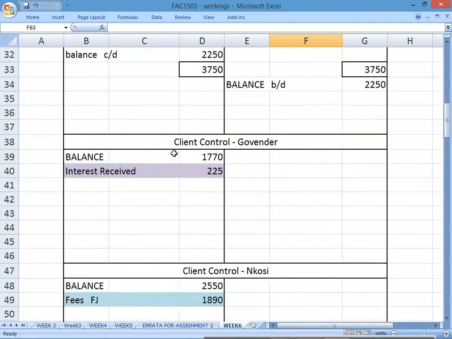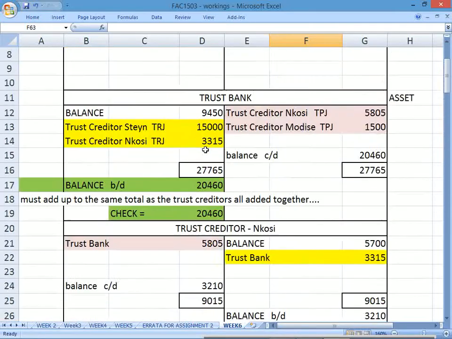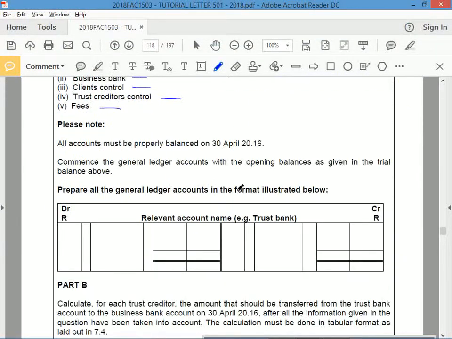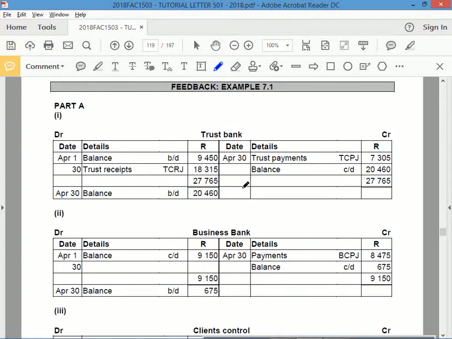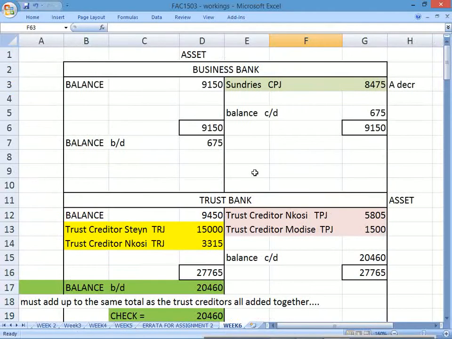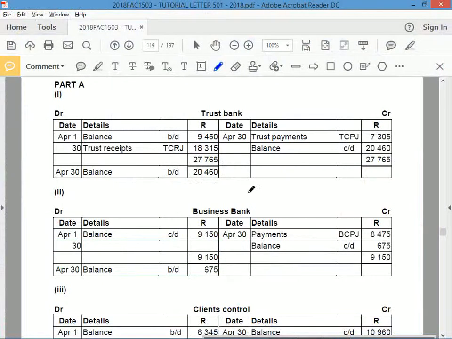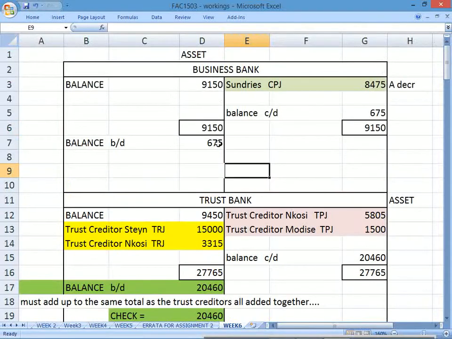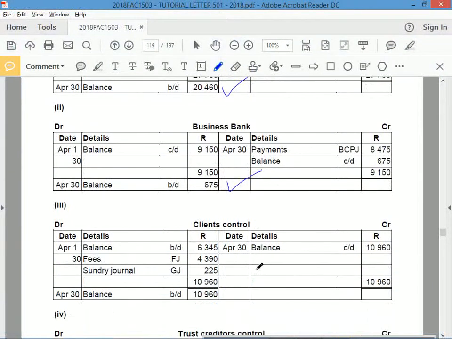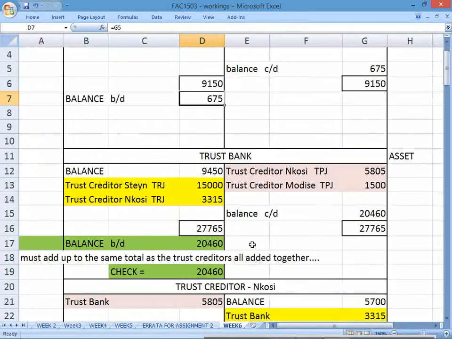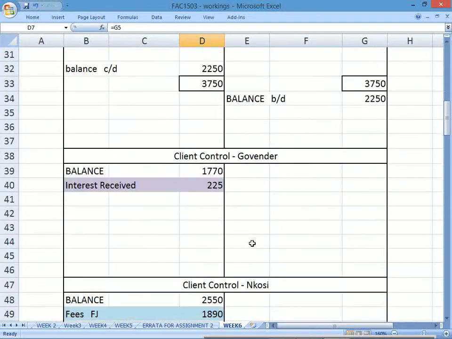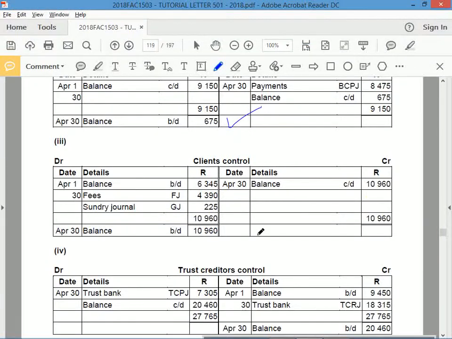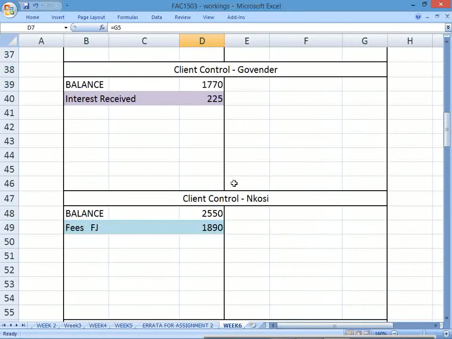Okay, and that's it. Obviously, you could balance all the other accounts. And that's what they would have had in the answer. Should be. Is it the same? Let's check. 2,460, that's good. The business bank account, 675, that's good. The client control. Client control is everybody. They haven't separated all the different clients. I've chosen to show them separately.